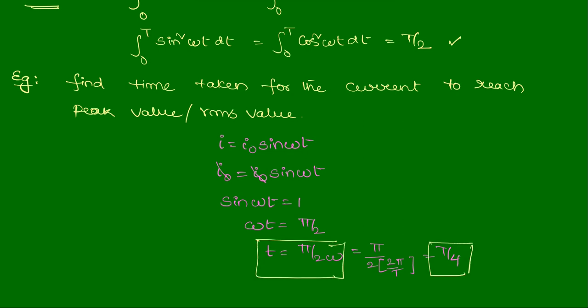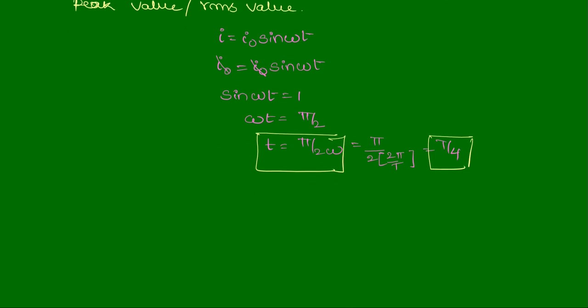In a similar way, we can solve for in what time it will reach RMS value. So for this, from the same equation, I is equal to I naught sine omega t. Now I value is I naught by root 2, that is equal to I naught sine omega t. So I naught gets cancelled.